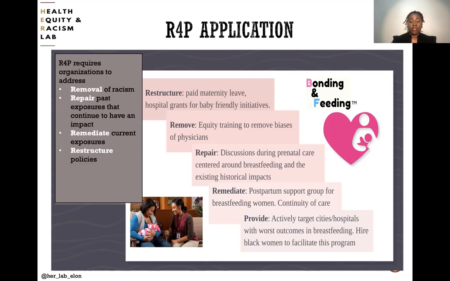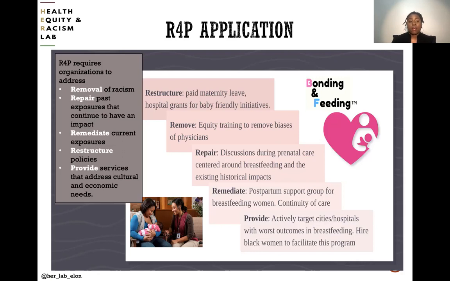And then with provide, the focus is on providing services that address those cultural and economic needs, that focus on the realities of our society and how it impacts current health trajectories, not just providing services without taking that into account. And so they decided for the provide component that they would actively target hospitals with worse outcomes in breastfeeding.